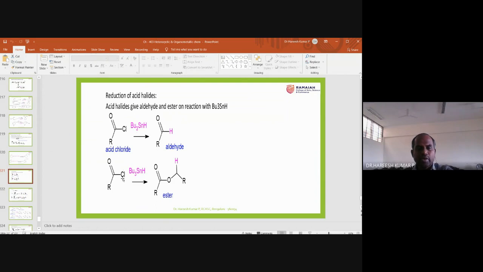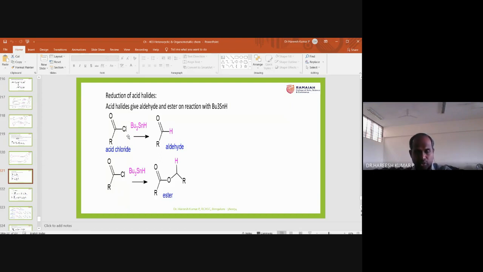And look here, of course, this is also an acid halide. But in addition to the formation of aldehyde, it also leads to the formation of ester. So how is the ester formed? By the combination of aldehyde and the acyl radical.